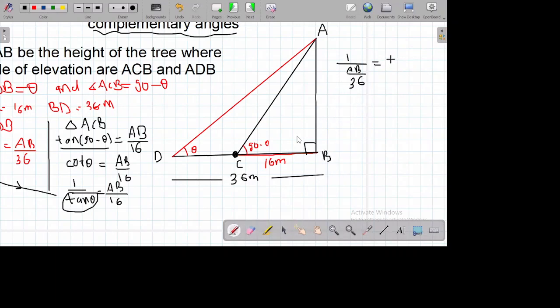And in the RHS, there is AB by 16. So if you do reciprocal, 36 will go in the numerator.